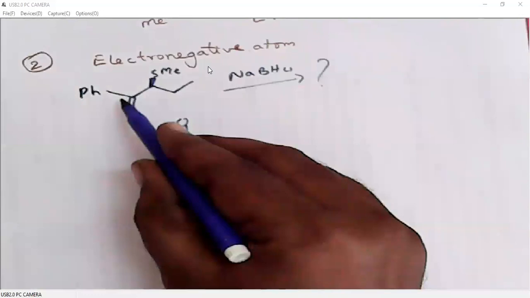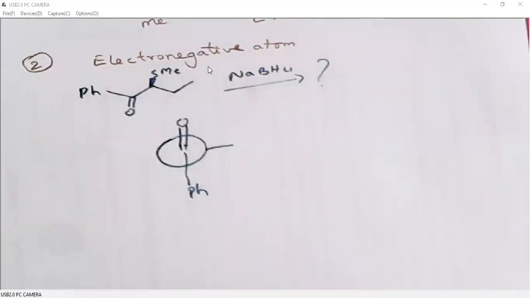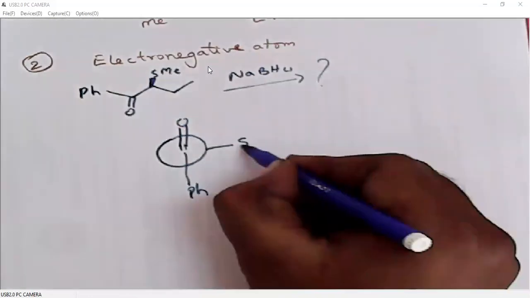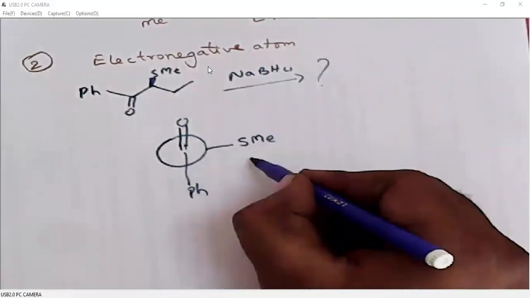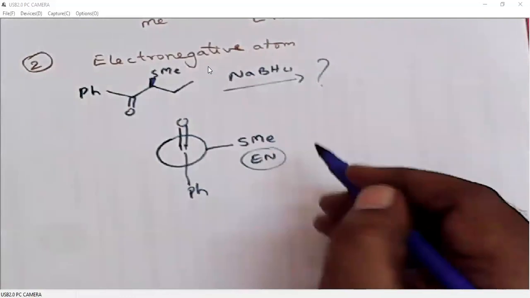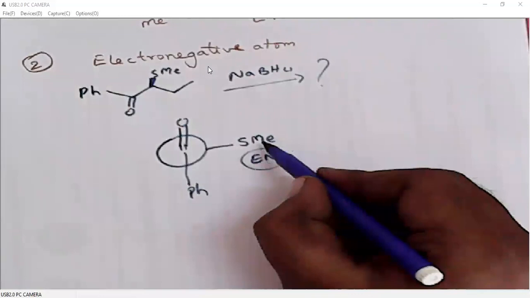In the previous case, we used to have a large group here, right? But in this case, we don't write a large group here. Here, what we will write is the more electronegative atom. We must write the electronegative atom here.